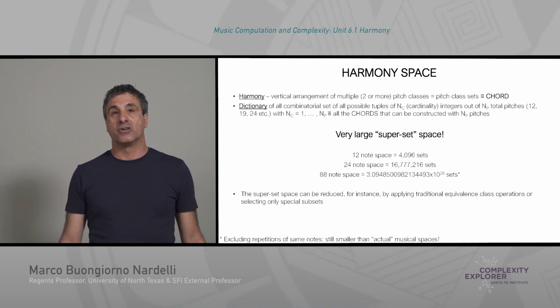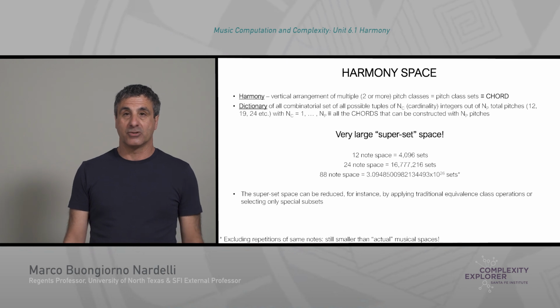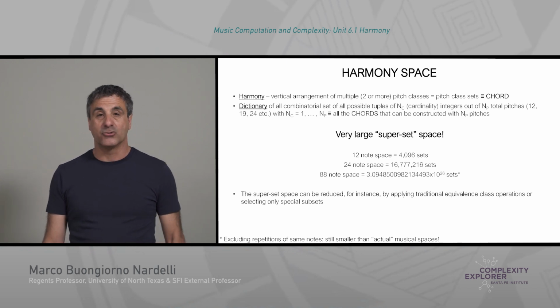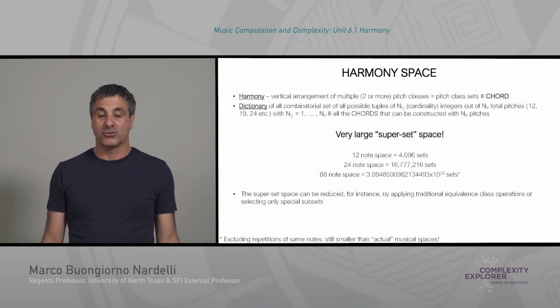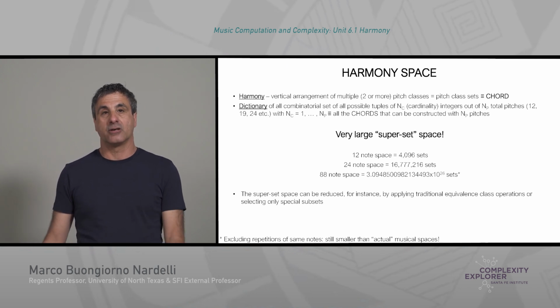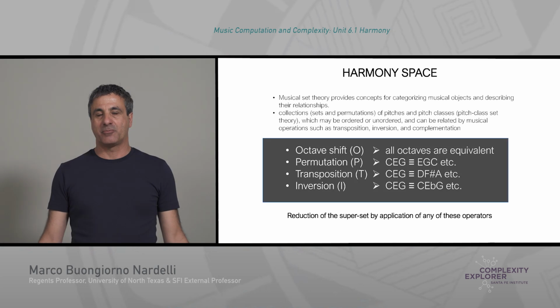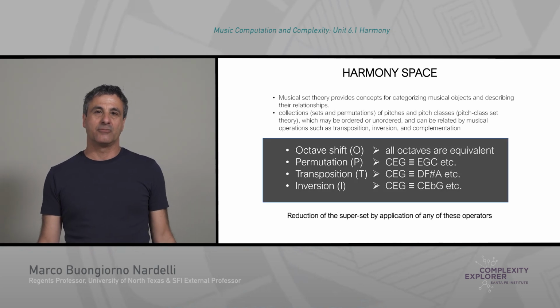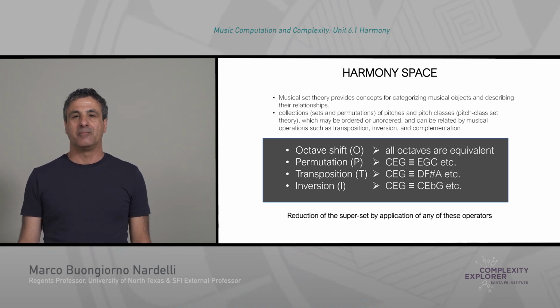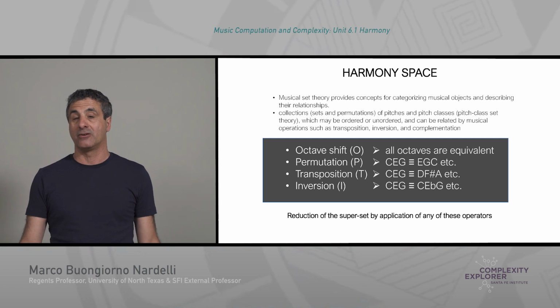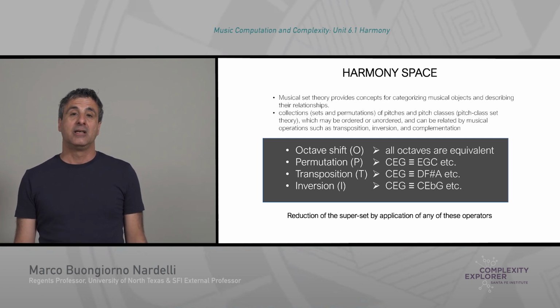We can reduce chords by transposition and inversions, and we can introduce all these mathematical operations on chords that we discussed in previous units. This enormous space can be reduced by using operations on the pitches of our chords that we have introduced in the past units.